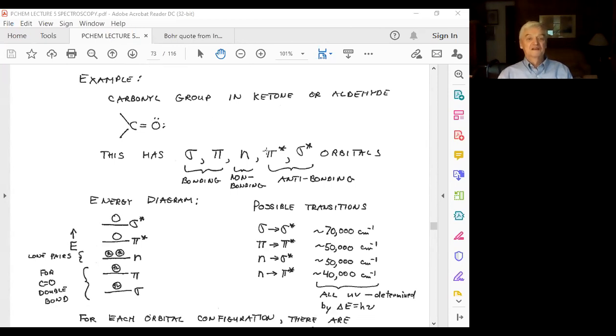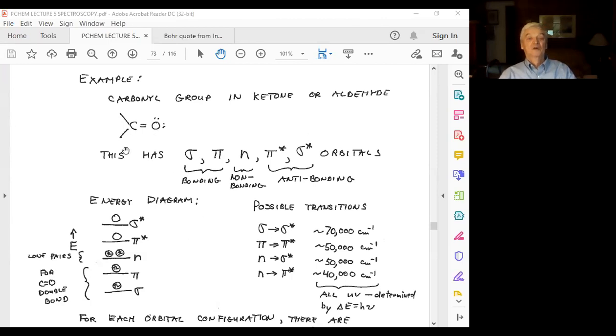Okay, well, we've just got a little bit of time left, and so just to help get us started on what we might expect in electronic spectroscopy, I've taken a carbonyl group that might be in a ketone or an aldehyde and shown you what the bonds are. So you'll see the carbon-oxygen bond is a double bond.